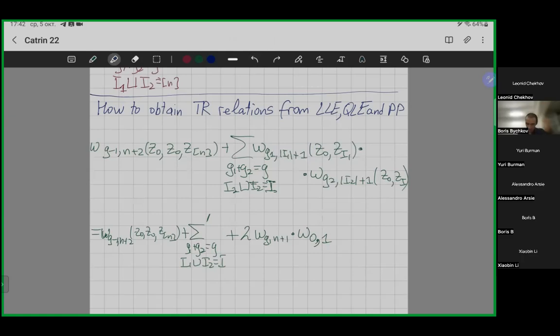Okay, and then instead of this omega 0,1 of z0, and here z0, zn, let me write instead the odd part of this omega 0,1.